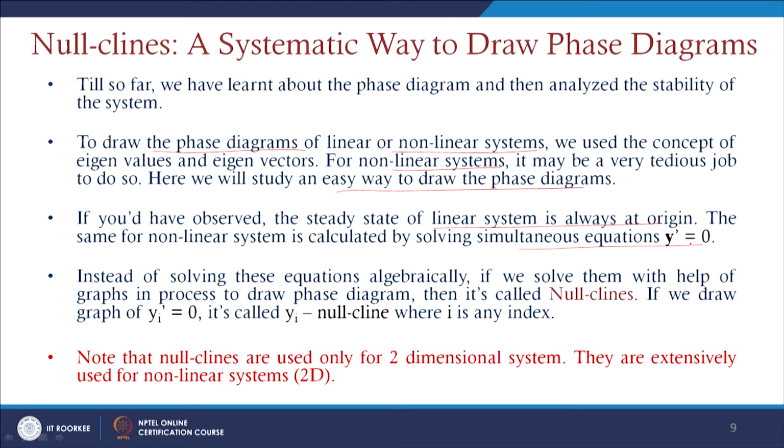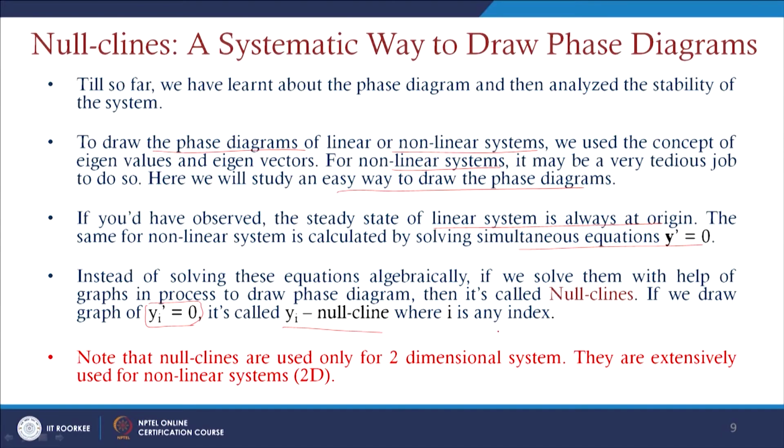If you draw the graph of yi' equals 0, it is called the yi null cline, where i is any index. The basic idea is that we directly plot the graph of yi' equals 0, and from the intersection points of the different graphs we can find the steady state points, and after that we can visualize how the system behaves at different points.